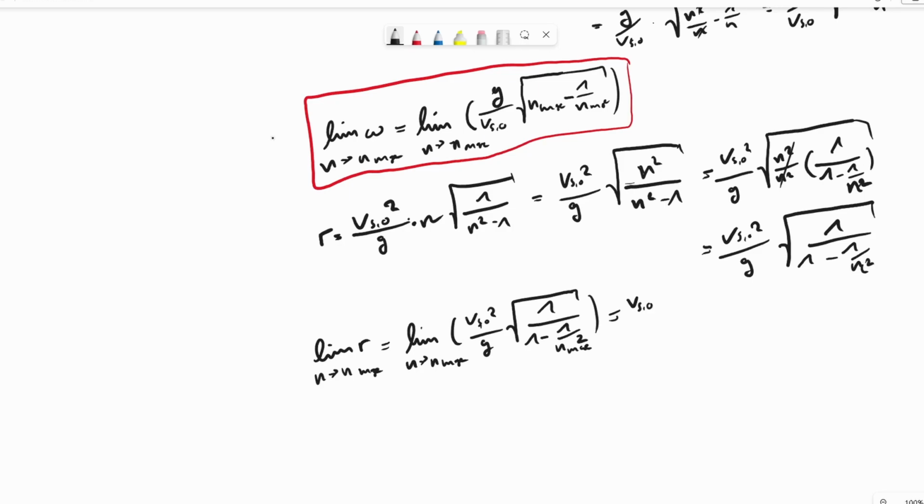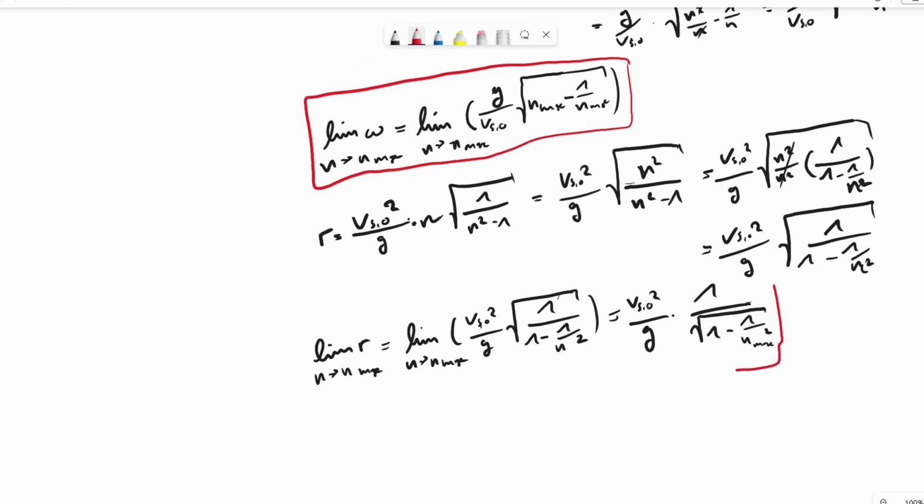We cannot write the max here because that's what we plug in, we just keep it n squared. We can write it a little nicer, so bear with me. v s0 squared over g times, because the square root of 1 is 1, so we can write 1 over, and then the square root at the bottom here, 1 minus 1 over n max squared. And that is, I believe, what we have found earlier as well.